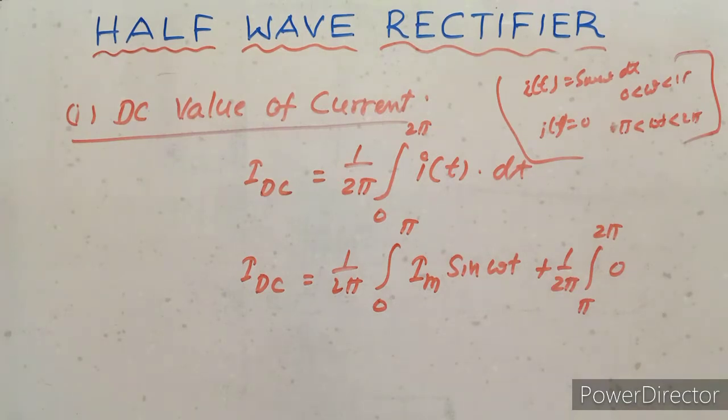These are two conditions: the first is Im sin omega t, the second is 0.